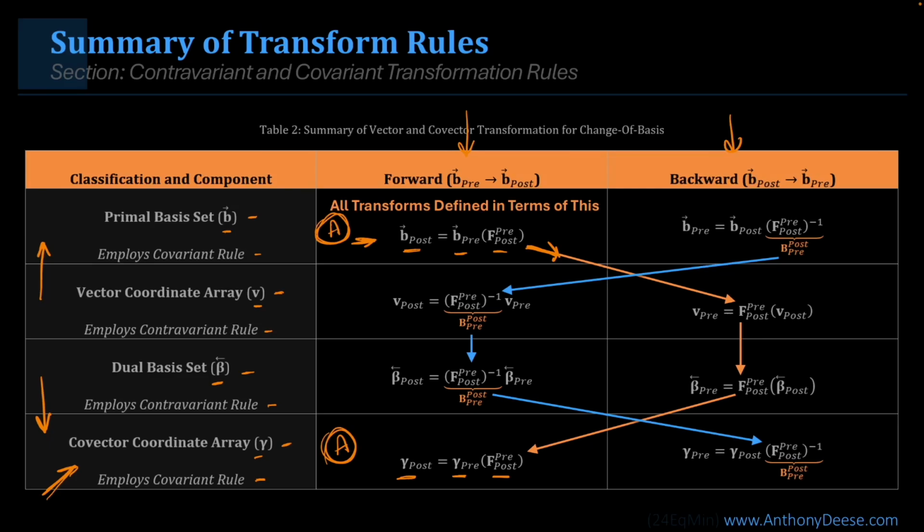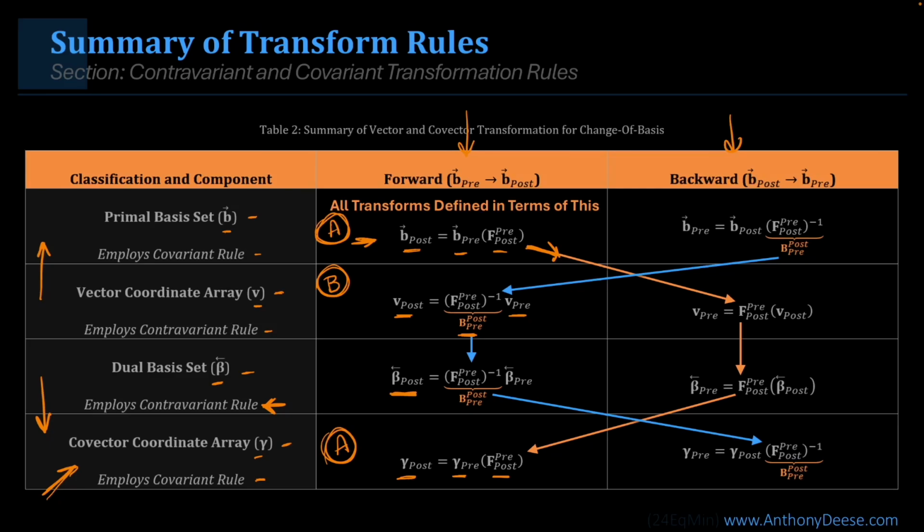Now, let's take a look at maybe the most fundamental contravariant component, which would be the vector coordinate array. So V post is equal to the backwards transform matrix times the pre-transform value. We expect to see a similar type of behavior for the other component that employs a contravariant rule, and that's the dual basis set.